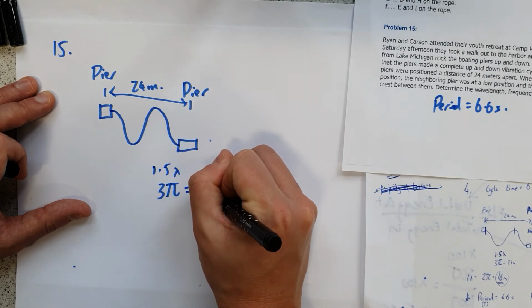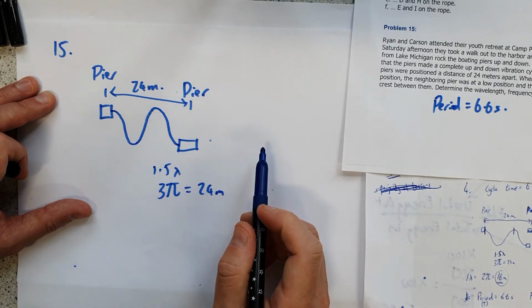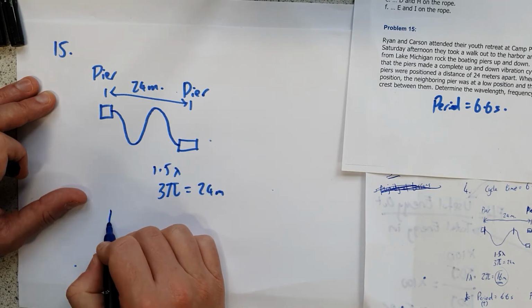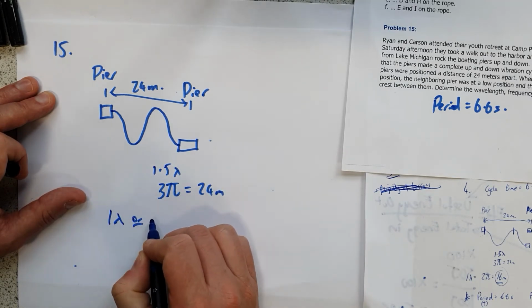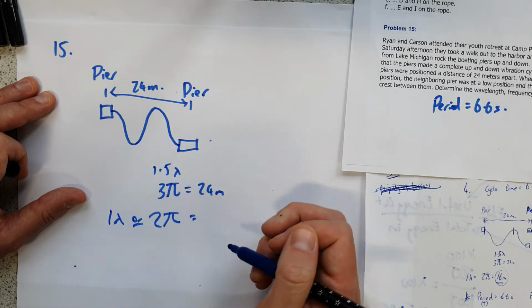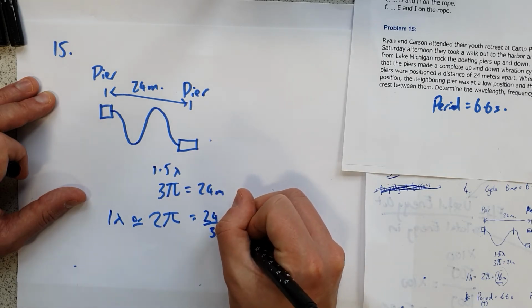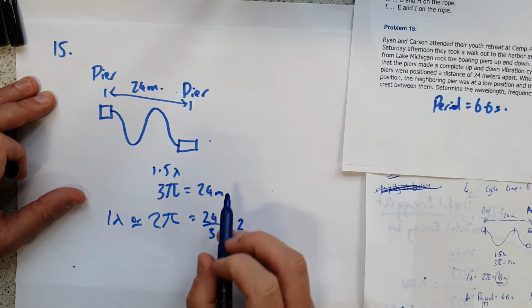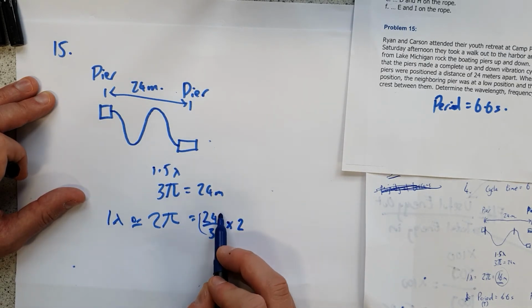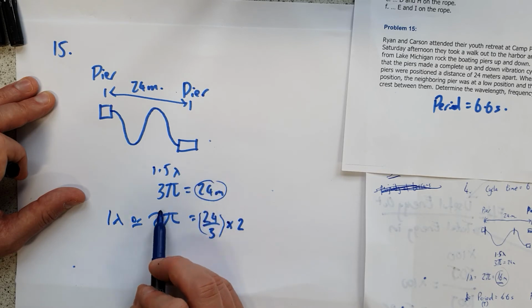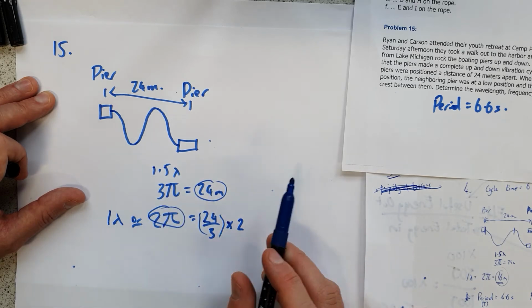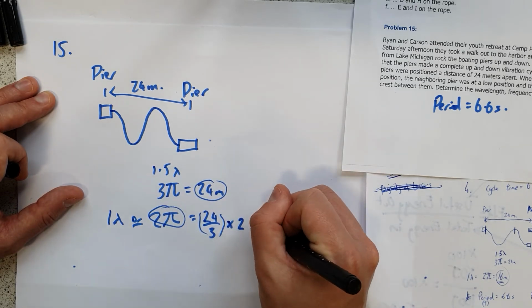So 3 pi is 24 meters. Now what we want to know is one wavelength, or we want to know 2 pi. So what I do, if we do 24 divided by 3 and then times it by 2, that allows us to convert 24 into 2 pi. Okay, and now that gives us 16 meters.